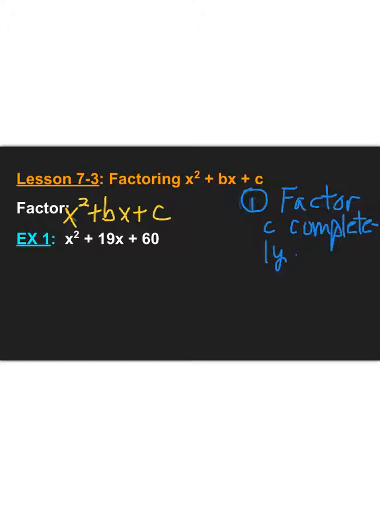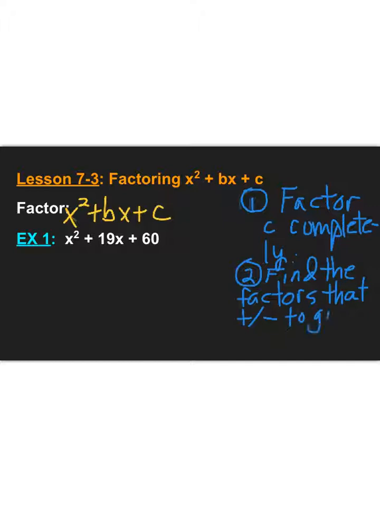Then number 2, and I'll explain all this as I go through it, you will find the factors that add or subtract to give you b, the middle term.